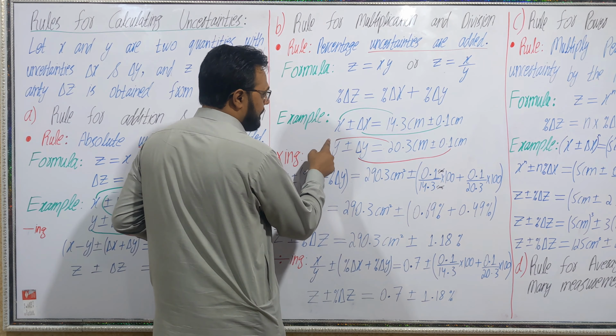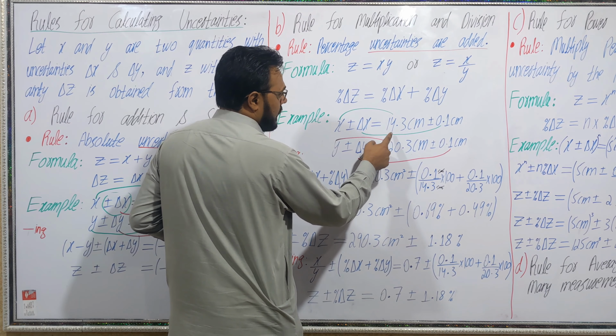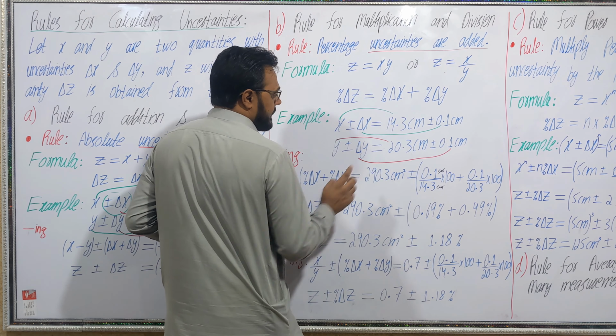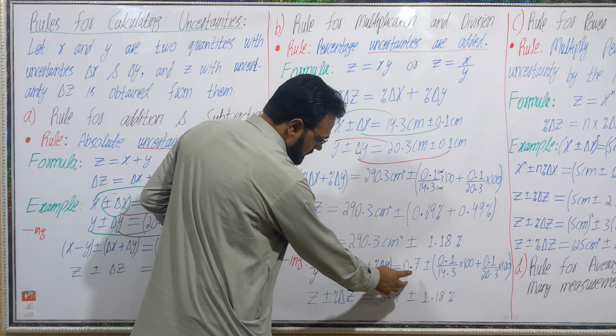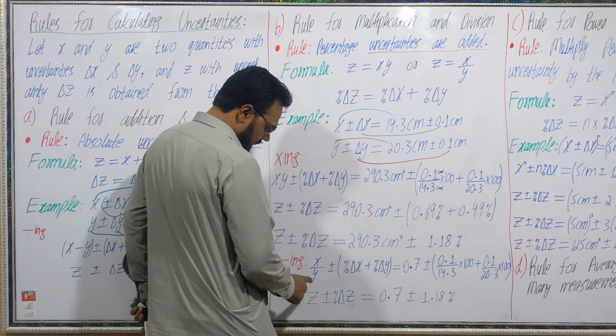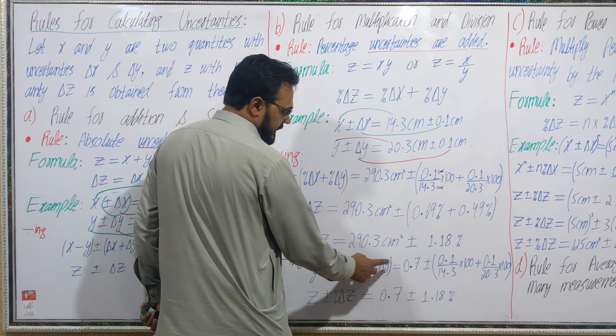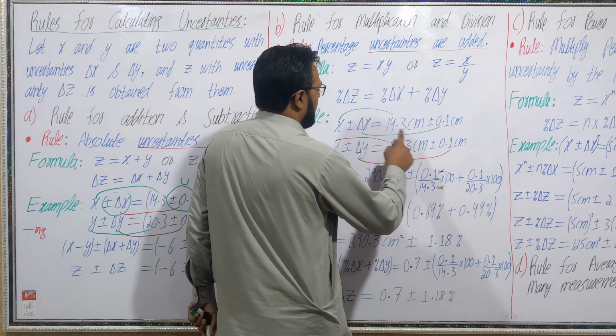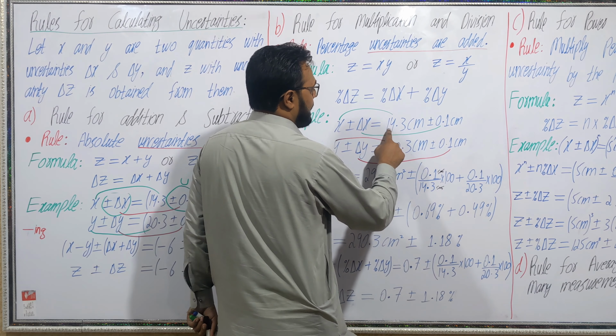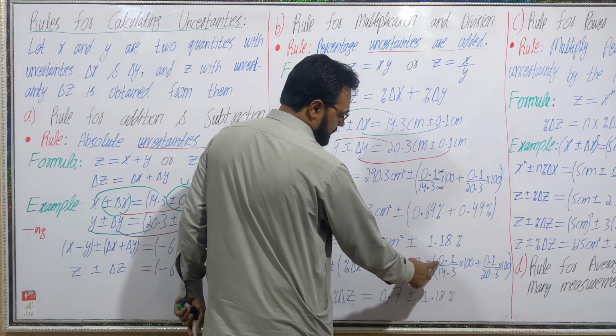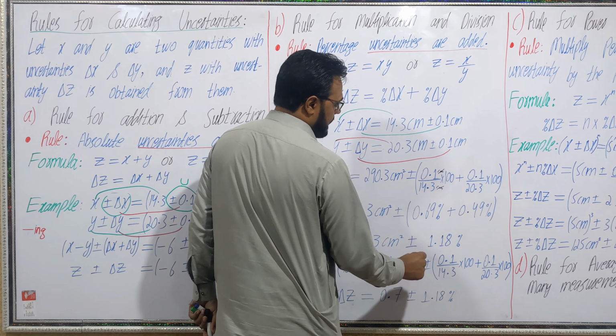X divided by y means 14.3 divided by 20.3, you will get 0.7. Then plus minus percentage uncertainty in x, 0.1 divided by 14.3 multiplied by 100.